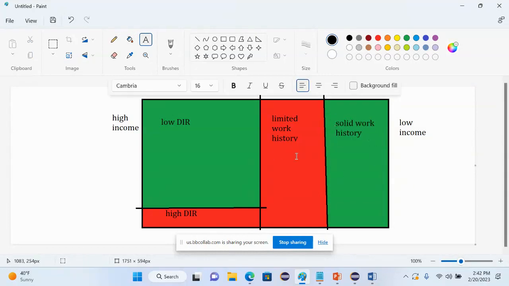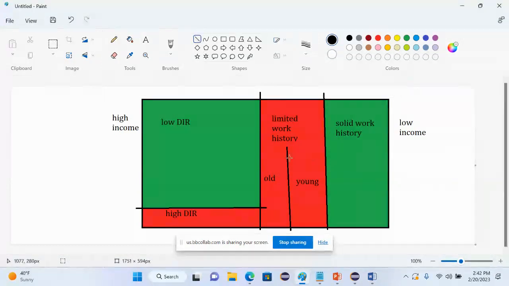And this one, limited work history, maybe if we split that again, I could do something like young versus old. And on the young side, even though they have a limited work history, maybe those people end up being pretty good credit risks after all.